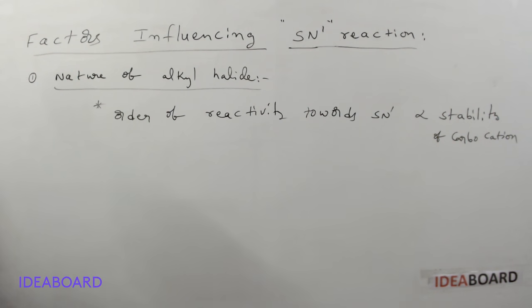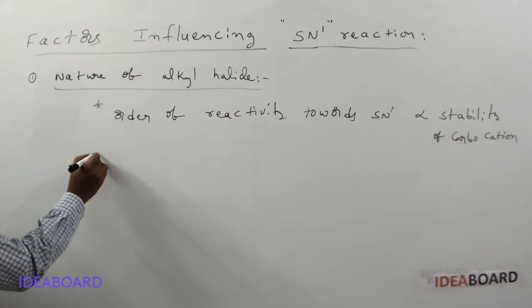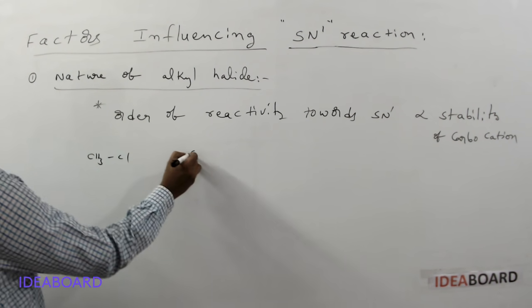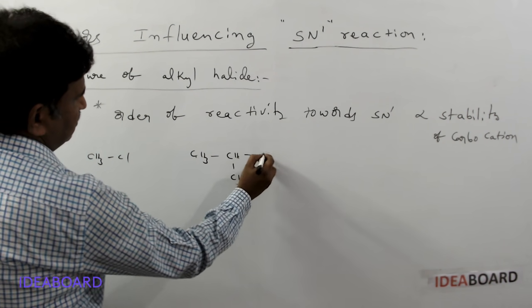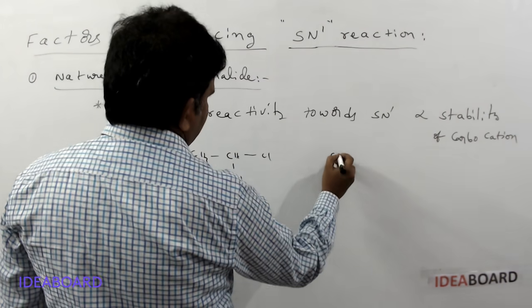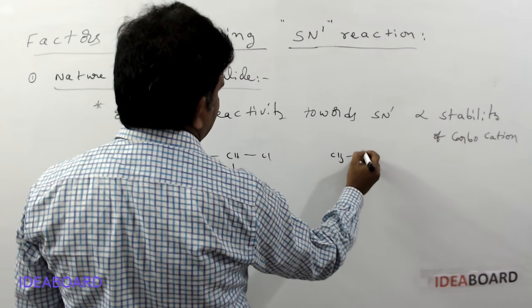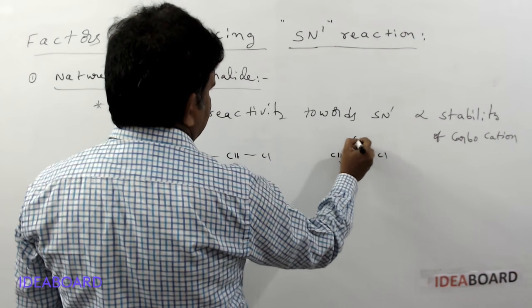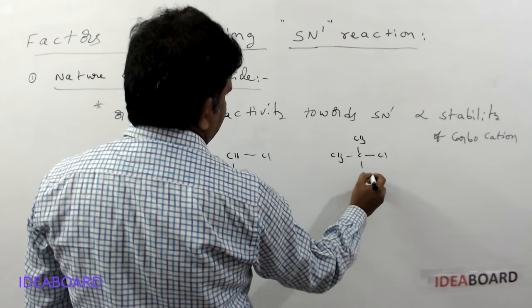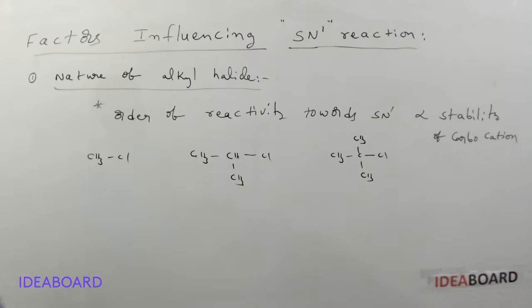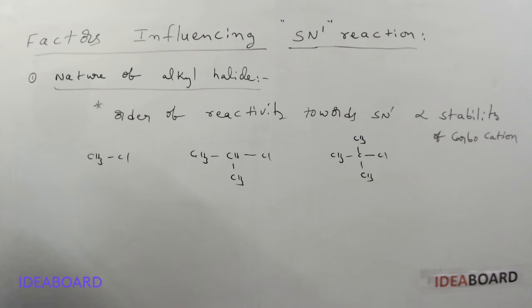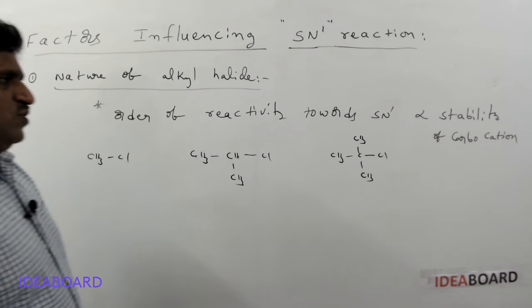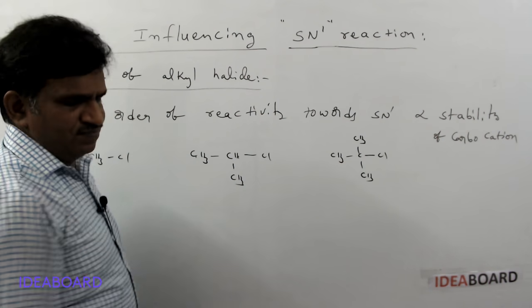For example, I am taking CH3Cl, and then two other alkyl halides. Which of these three different alkyl halides will undergo SN1 reaction more readily?